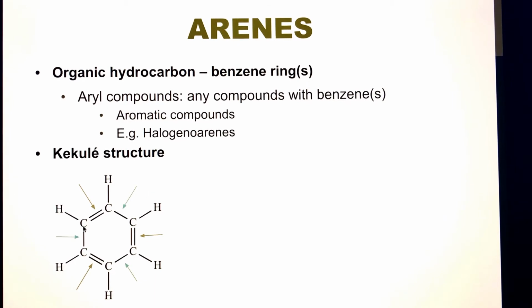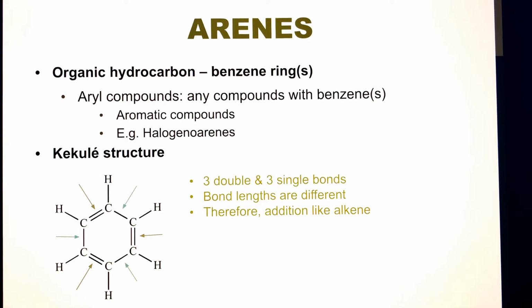Benzene should have a perfect hexagonal shape, but due to this difference in bond lengths, this structure is not a perfect hexagon. That's the first reason why this structure is not right.